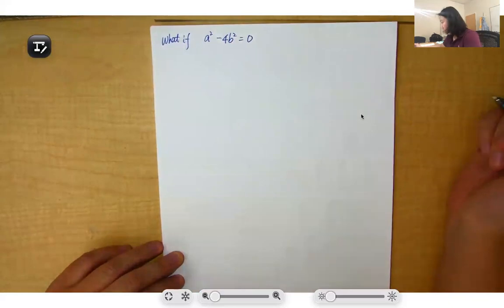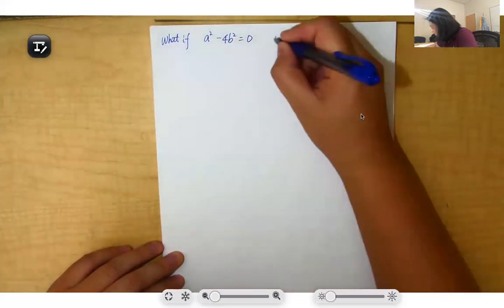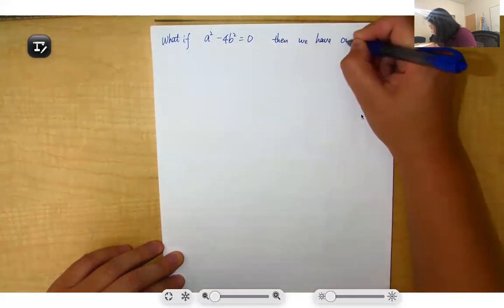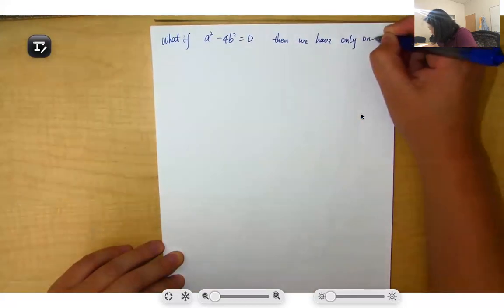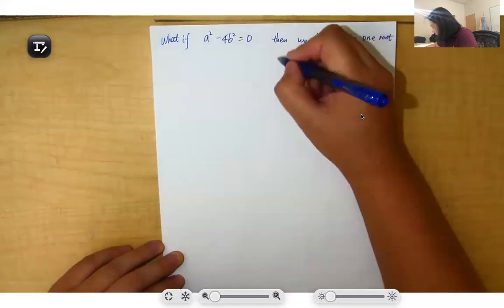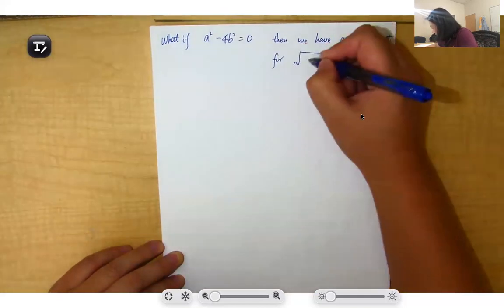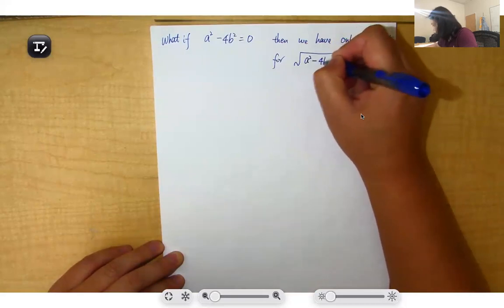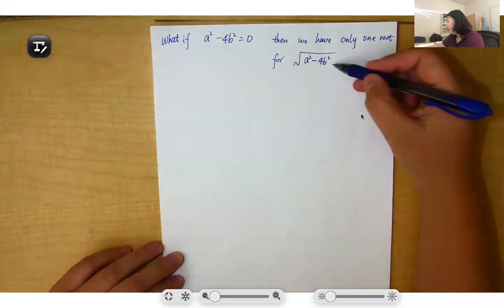That means you only have one root, because the square root of A squared minus 4B is basically 0.